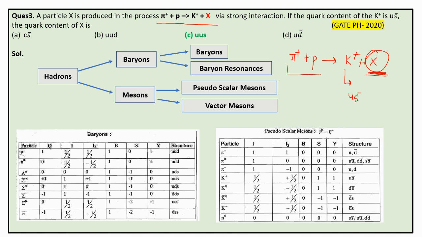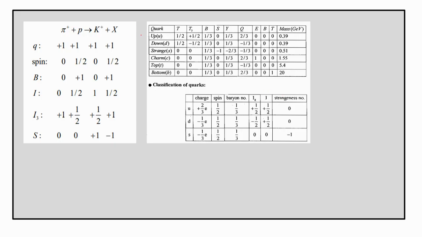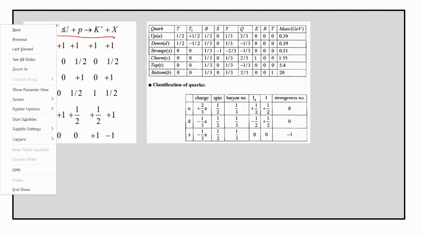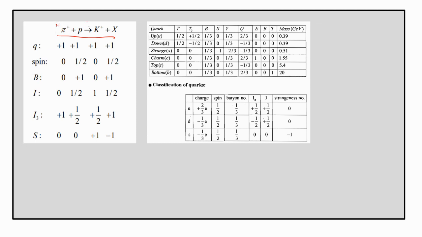Now you know very well when some interaction is going on, you need to just see some quantities that are conserved in a reaction. So first of all, see charge. Here, on the left hand side we have positive charge, and here also it is positive, so this should also be positive.